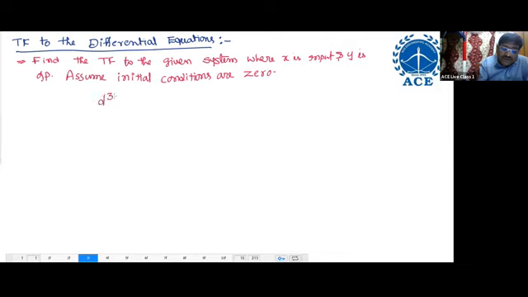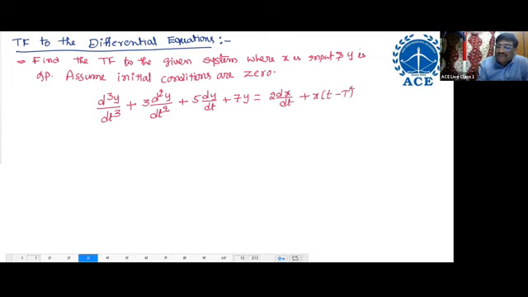So d cube y by dt cube plus 3 d square y by dt square plus 5 dy by dt plus 7y equal to 2 dx by dt plus x of t minus tau.